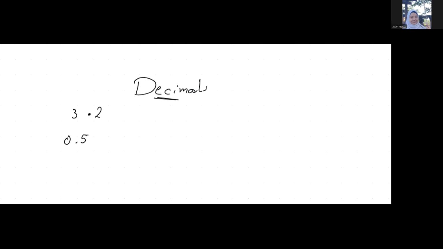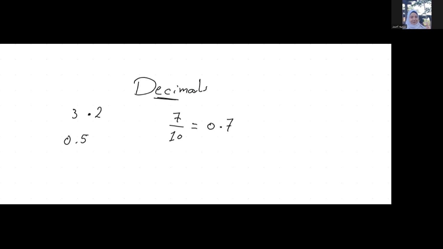If we have 7 over 10, it's a fraction. This fraction has another form as a decimal, which is 0.7.